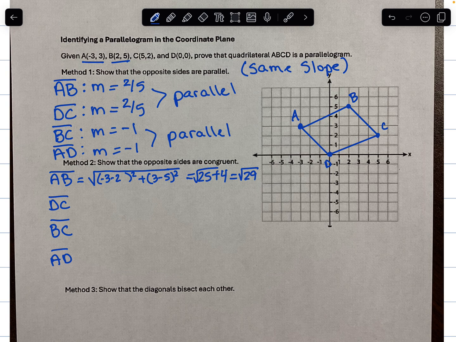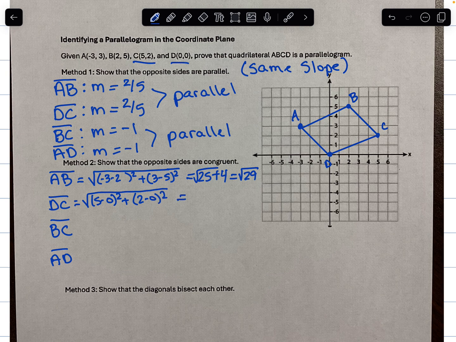All right, so now we're going to move on and we're going to do DC. So same idea, we're just using different ordered pairs, okay? What am I subtracting for DC? 5 minus 0 squared plus what? 2 minus 0.